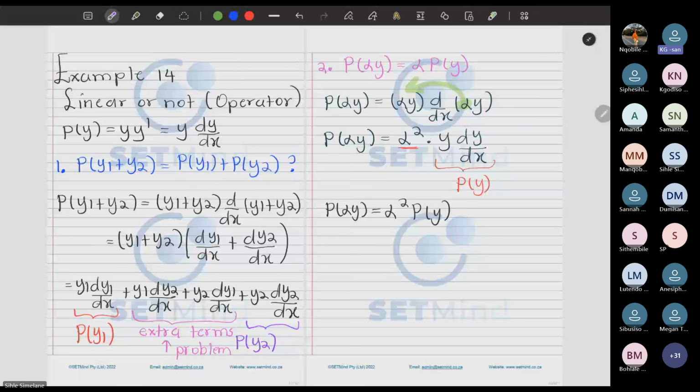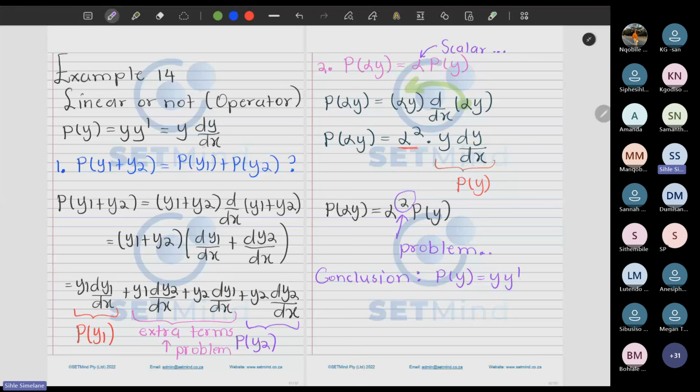The alpha is squared. Yep, this here is the source of our problem. Our test says when we take out the scalar factor, it should not be squared. It should be as we put it in there. So our conclusion is that what we are given here, P of y equals y y dash, is not a linear operator.